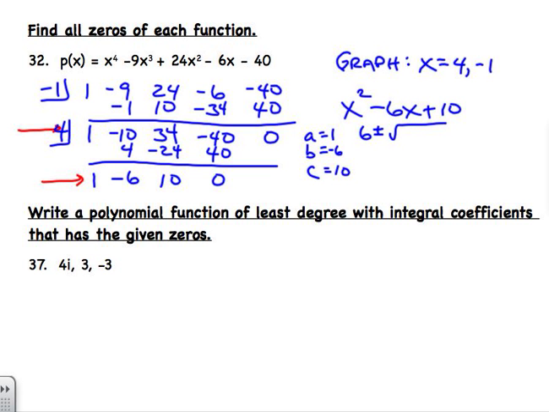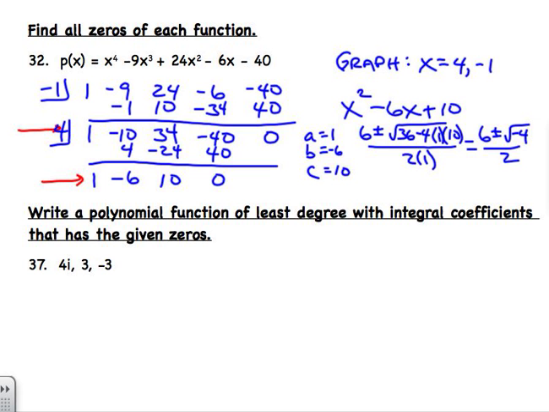B squared is 36 minus 4 times a times c all over 2a. Don't try to do everything in the quadratic formula at once. If you just tackle the radical, you get 6 plus or minus the square root of -4 over 2.